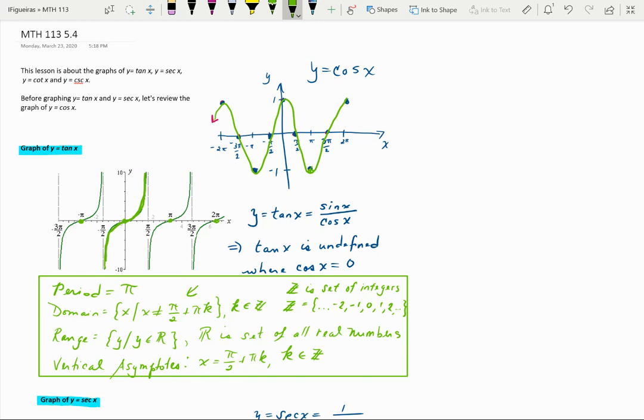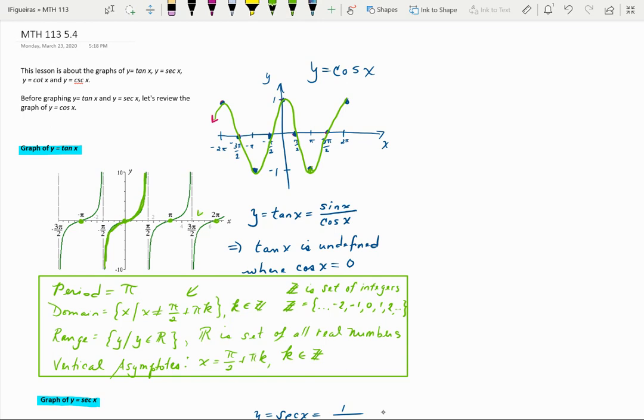For example, when k is 0, the restriction is x not equal to pi over 2. And when k is equal to 1, pi over 2 plus pi is 3 pi over 2, which is another restriction on the domain. That's where your asymptotes are, and that's where your function is undefined.